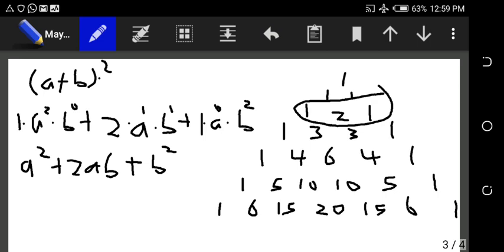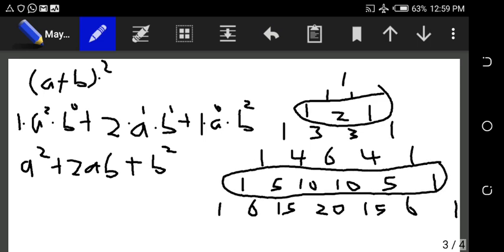Now let's expand something that has a power of 5. Note that for anything that has a power of 5, we are going to use these coefficient values to expand that.